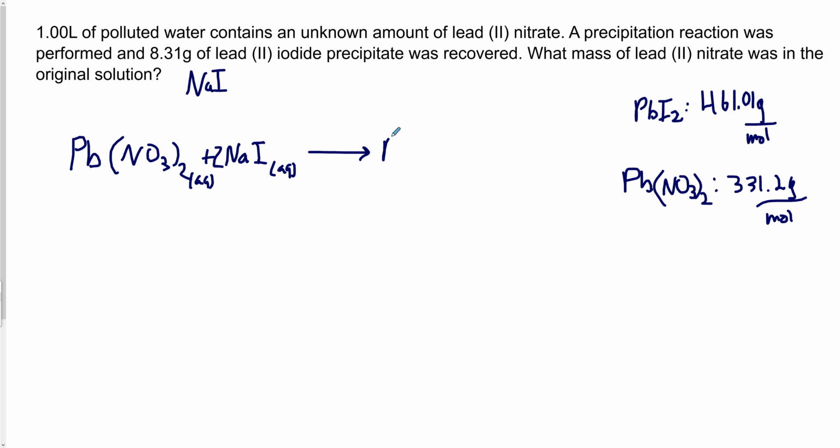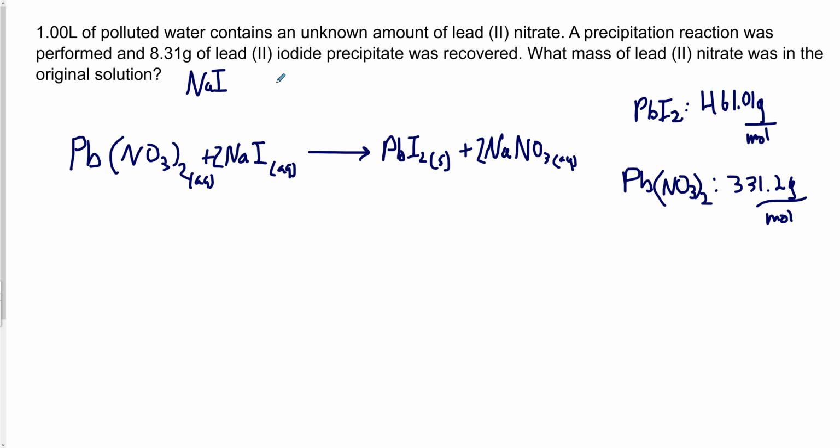And we are going to end up with PbI2, which is solid, and NaNO3, which is aqueous. And there's a 2 that goes in front of that.